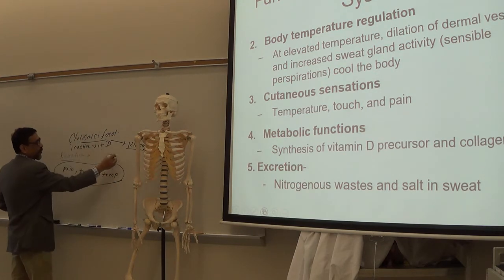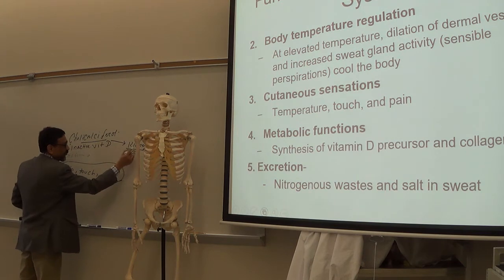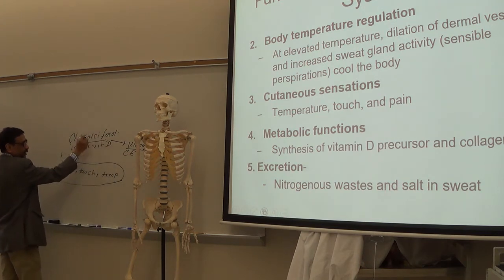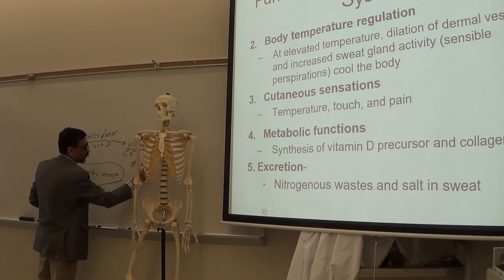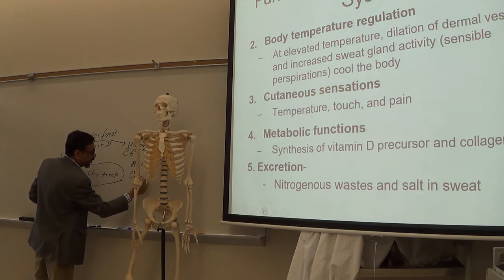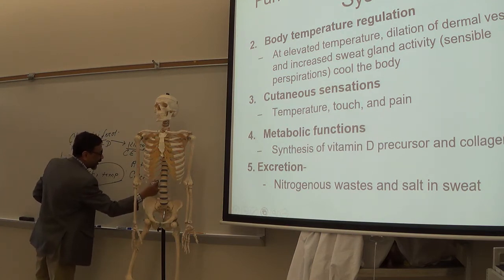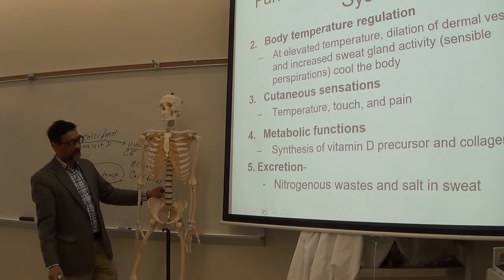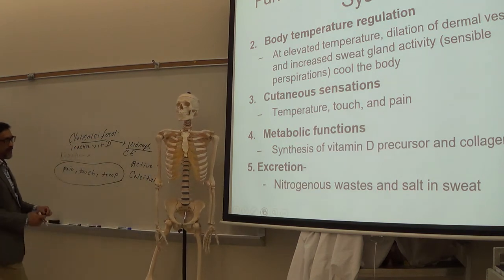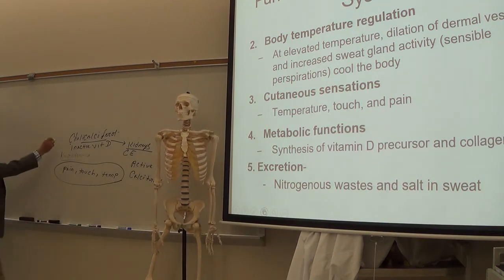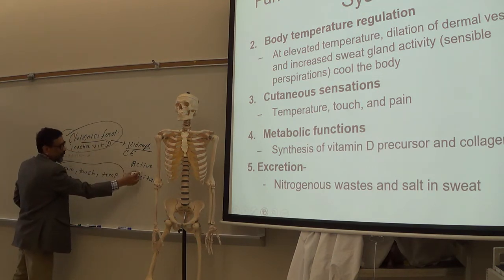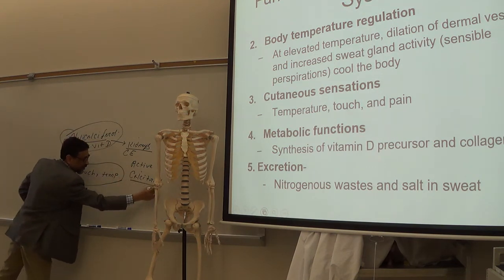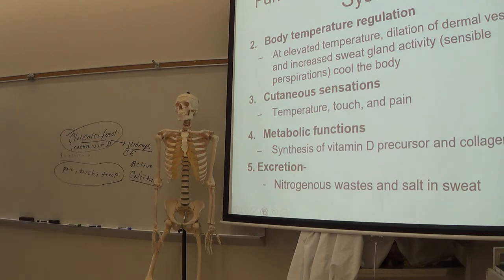Where you have the converting enzyme that converts the inactive cholecalciferol to active vitamin D, which is called calcitriol. Okay? So calcitriol is the active form of vitamin D. So you see, if your skin doesn't produce cholecalciferol, then your body will not get calcitriol, which is vitamin D. Okay?